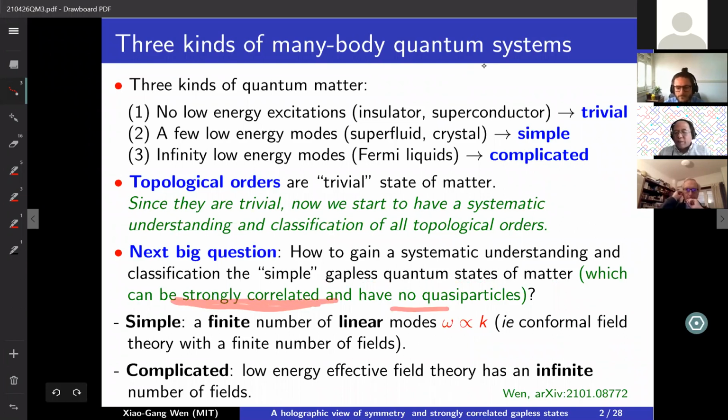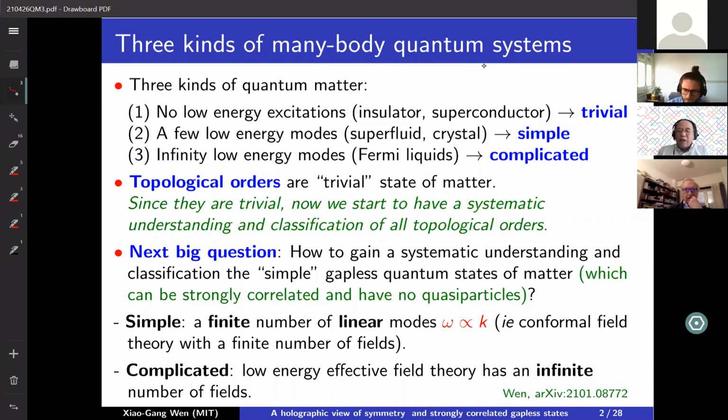They have no quasi-particles. And for those kinds of gapless states, it's very hard to understand them. They usually appear at a quantum critical point, at a phase transition. So this is maybe our main motivation: how to understand these simple gapless states.